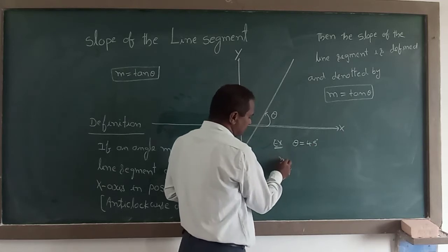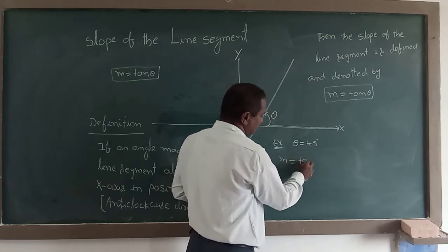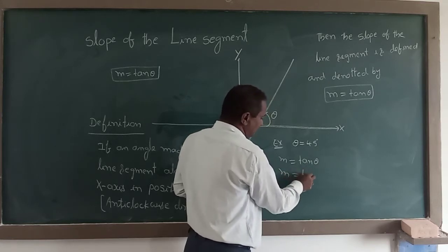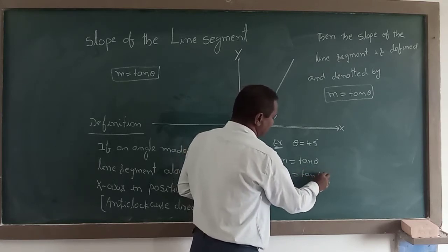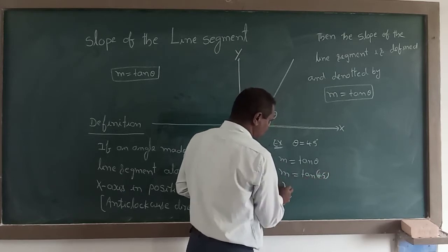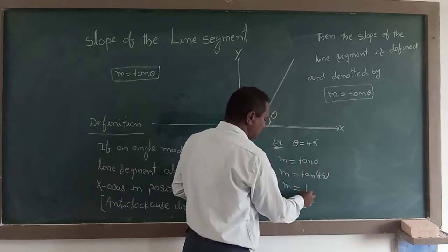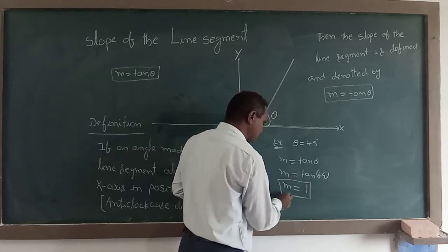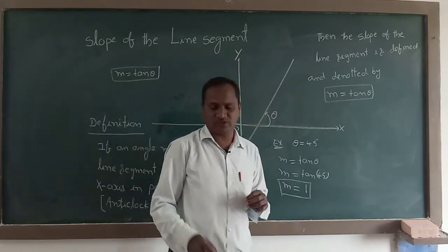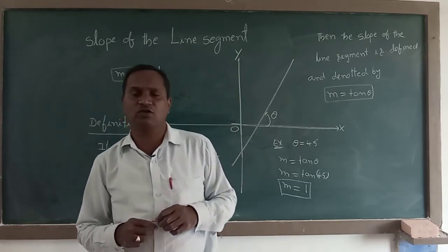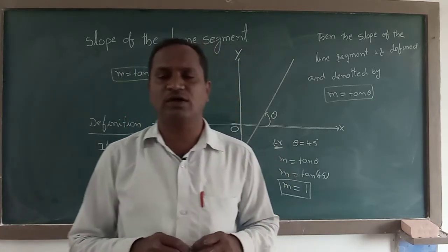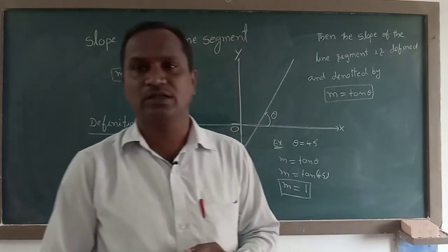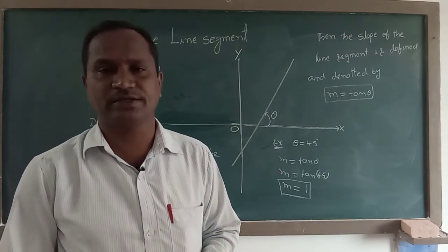The slope of the line segment is m is equal to tan theta, that is, tan 45 degrees. Therefore, m is equal to tan 45 degrees, which is 1. Therefore, 1 is the slope of the line segment. Slope is always one real number. Like that we find the slope of the line segment.